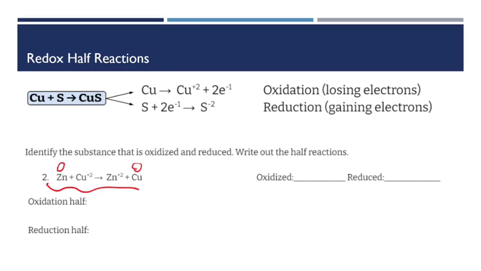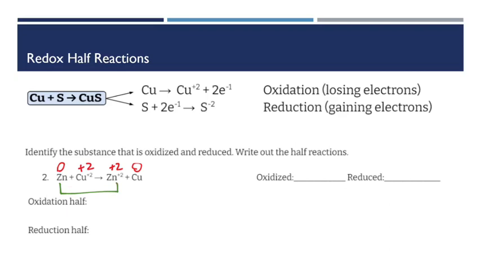Remember, any lone element that doesn't have any charge written on it has 0 as its oxidation number. And if it has a charge written on it, then that charge is the oxidation number. So you almost don't have to think about these oxidation numbers when they're not in compounds. If they're by themselves, even if it's a diatomic element, it's either 0 if you don't see a charge, or the charge is the oxidation number if we do see one.